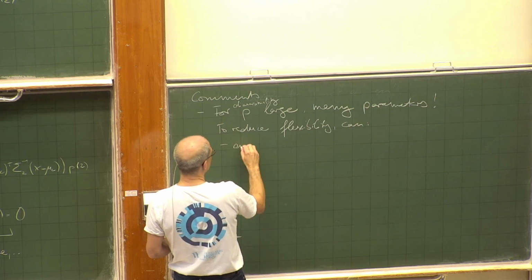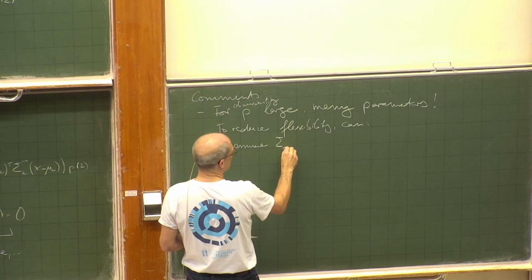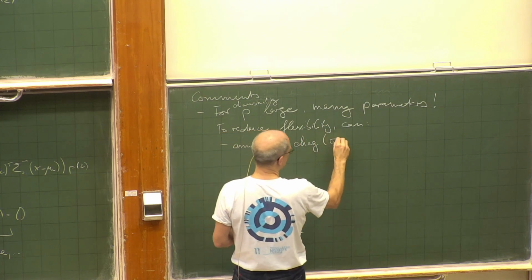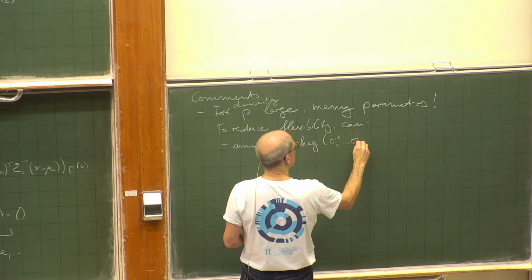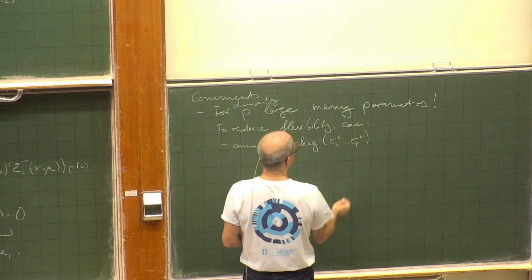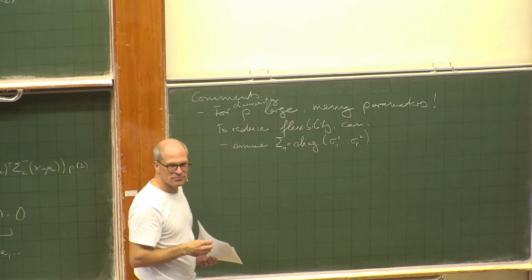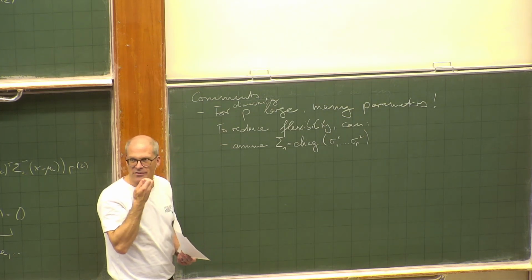We could assume that sigma 1 is a diagonal matrix. That's what you suggested. And we would have the same form for sigma 2. Yeah? That drastically reduces the number of parameters. That's correct. Do you have other suggestions?